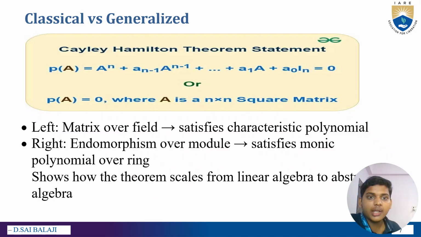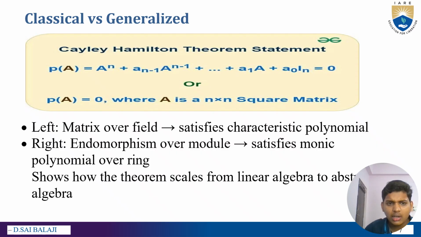P of A is a matrix polynomial, written as A to the power n plus a(n-1) times A to the power n minus 1 and so on, plus a1 times A plus a0 times I n, is equal to 0. The generalized theorem states that the characteristic polynomial P of A is 0, where A is an n by n square matrix, which may be of order 3, 4, 5, anything.